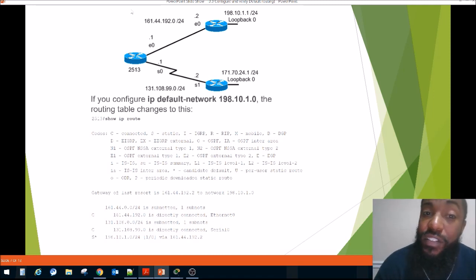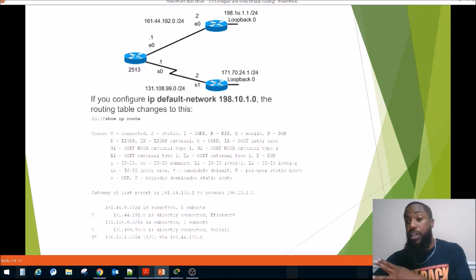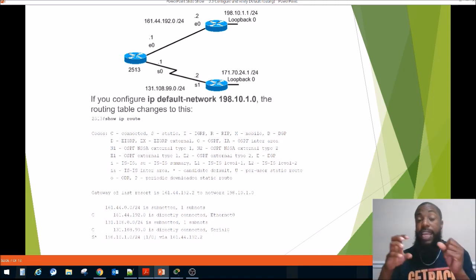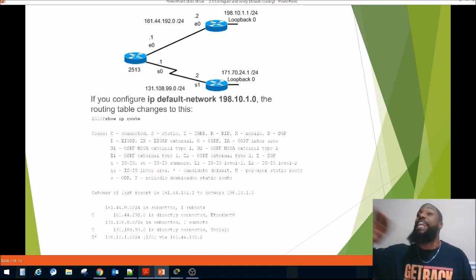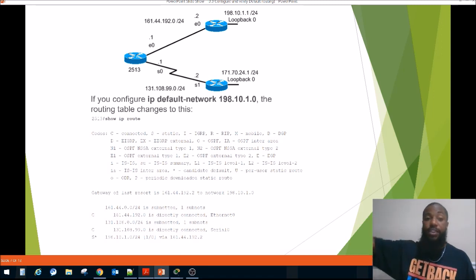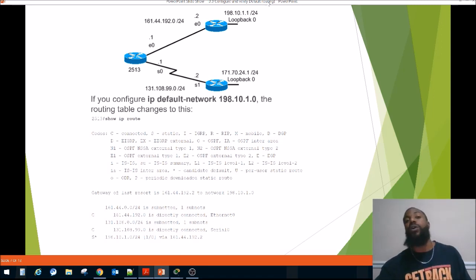Now we're saying instead of an interface or a forwarding router's next hop, a specific network is how we get to the internet. Take this network to get out to the internet. That's what we're saying with IP default network.